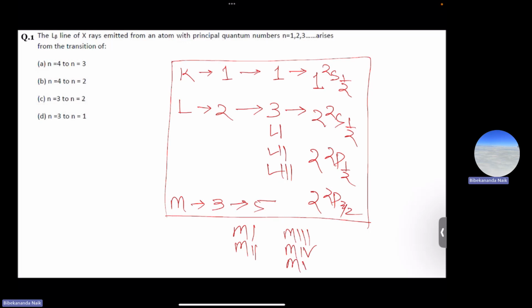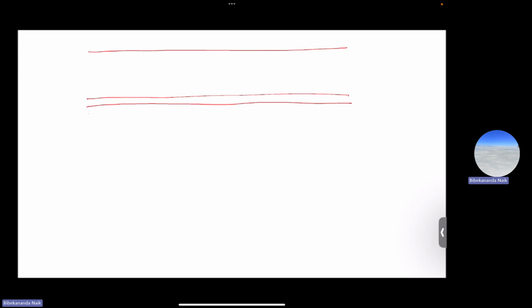If you arrange all these in terms of energy levels, it will appear somewhat like this. K, as we just discussed, has only one level, so this is a single level. Then L has three levels. M has five levels.